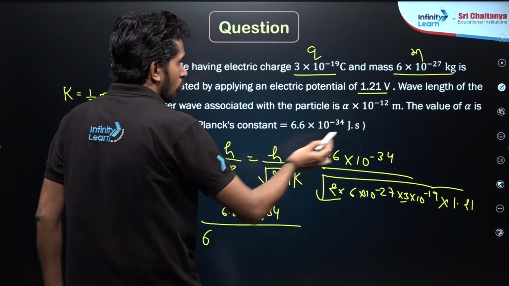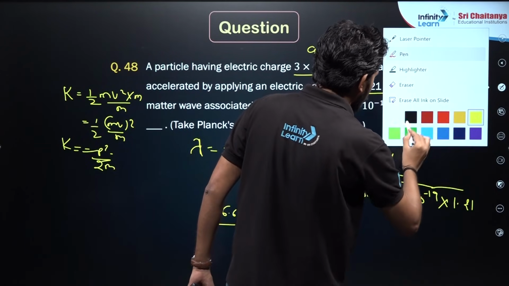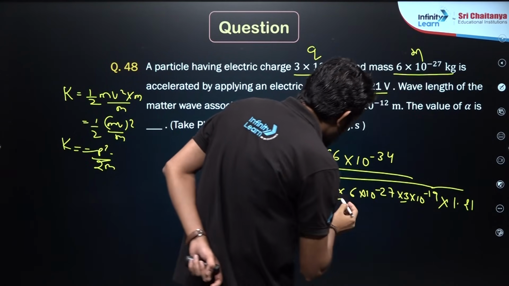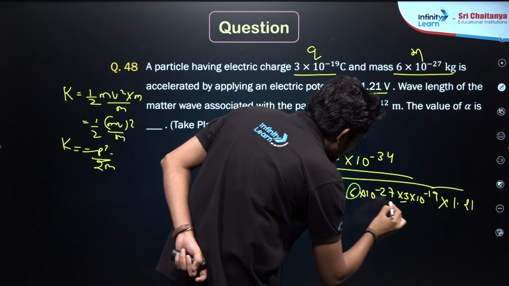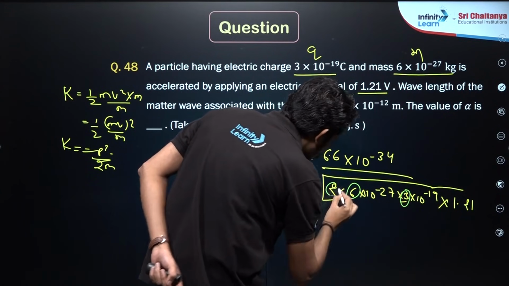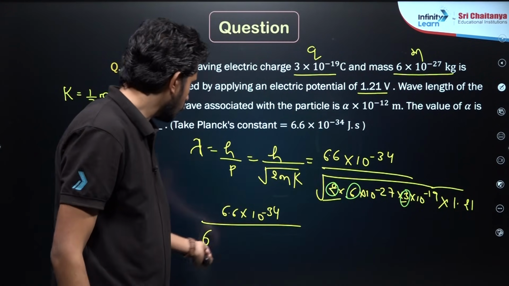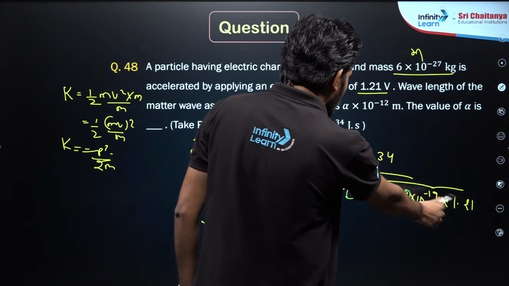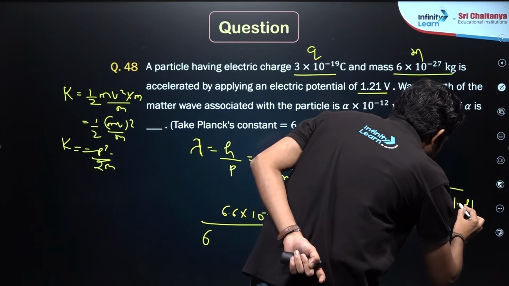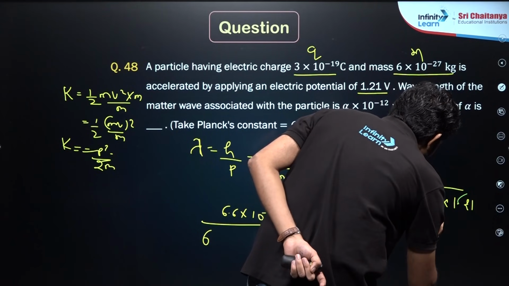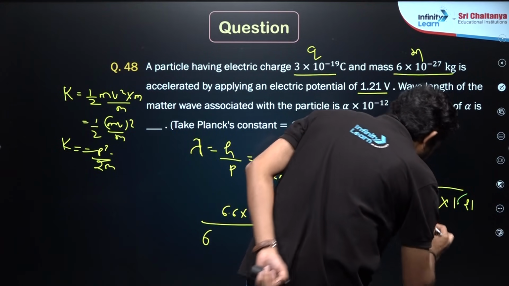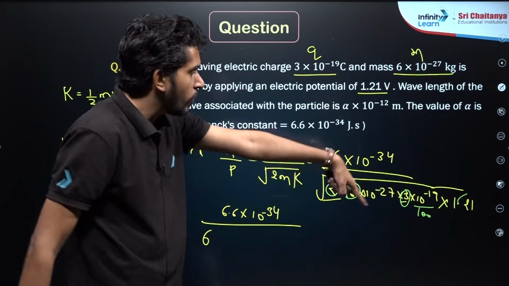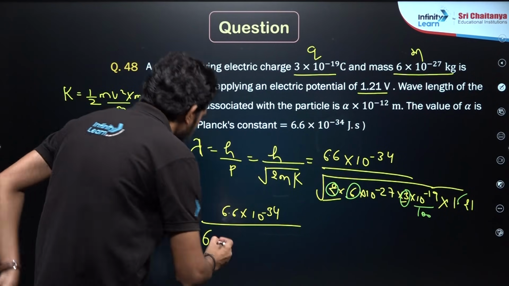How? So let me change the color of the pen. Okay, 6, 3 2s are 6, 6 is out. Then now let's do one thing: remove this decimal point and increase 2 zeros here, so that would be 121, square root is 11.